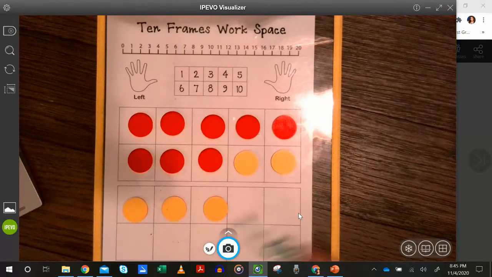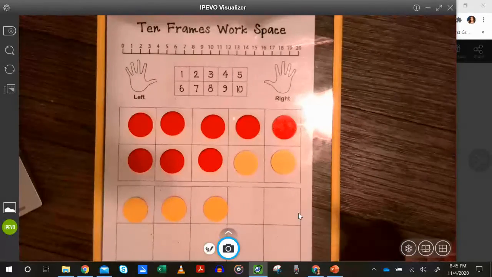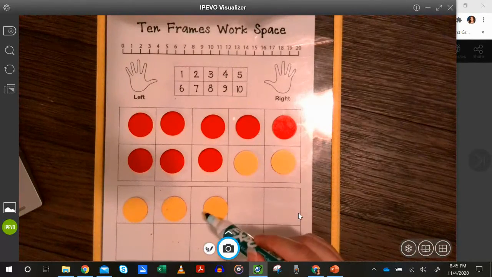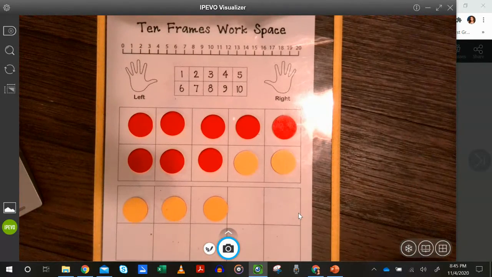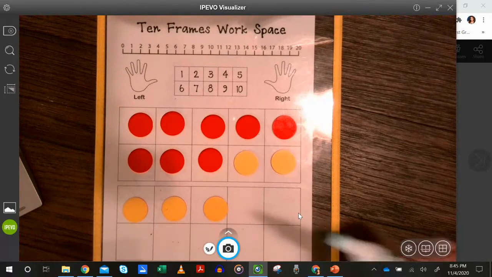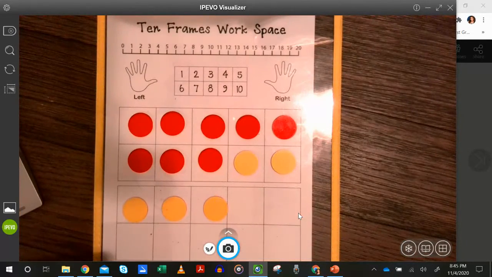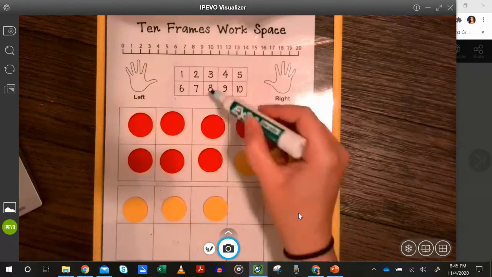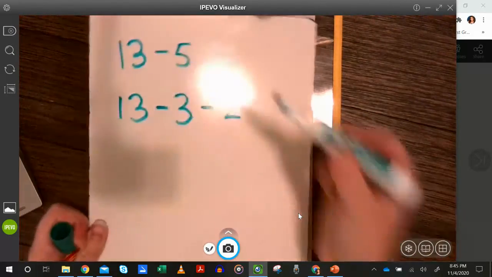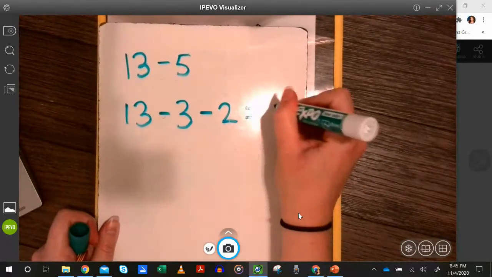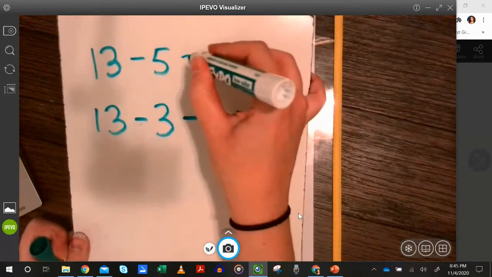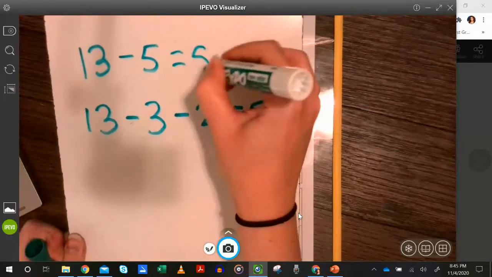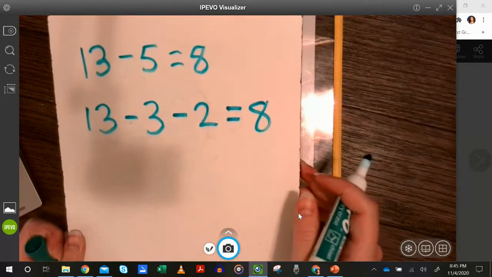I have 5 yellows total that I'm taking away, but I can also see 3 are in a group and 2 are in a group. Either way, what remains? How many reds are still there? 8. So 13 minus 5 equals 8.